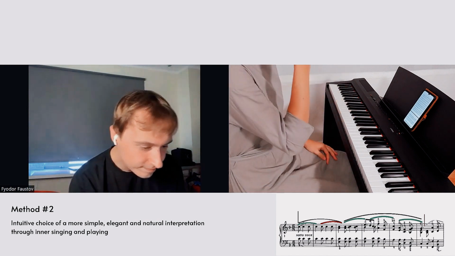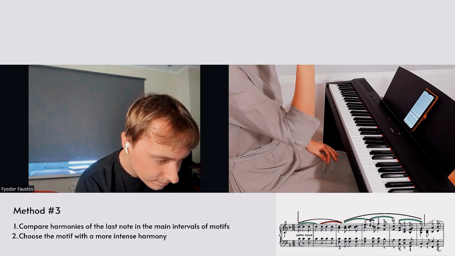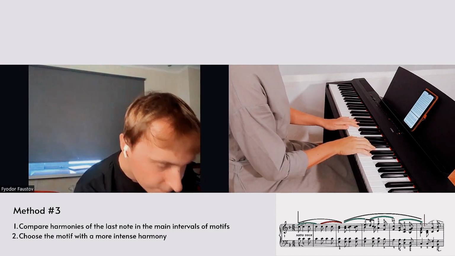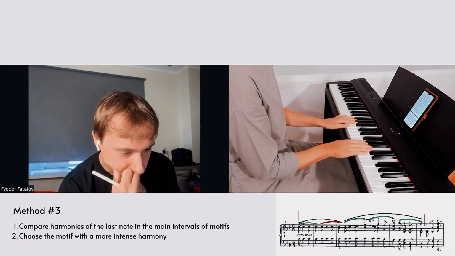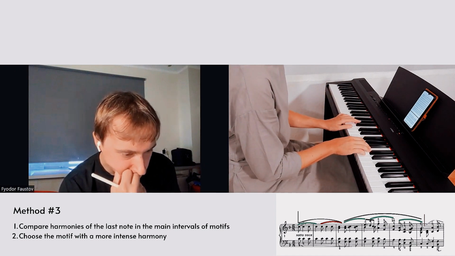And what if we go to the third method? Remember, maybe it's time to use it. So if we try to see the main harmony, the main chords, the main intervals of the motifs.